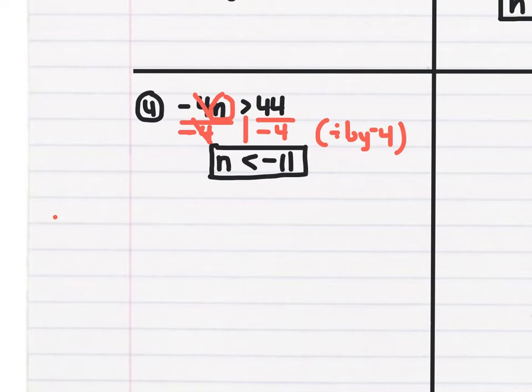Okay, so for number 5, I want you to write negative and then a fraction, k over 2.5. And then we're going to say is greater than or equal to -5. Okay, so on the left side, there's a negative in front of the fraction and there's a variable on top.